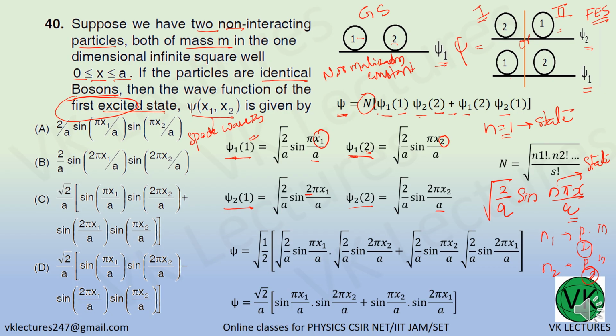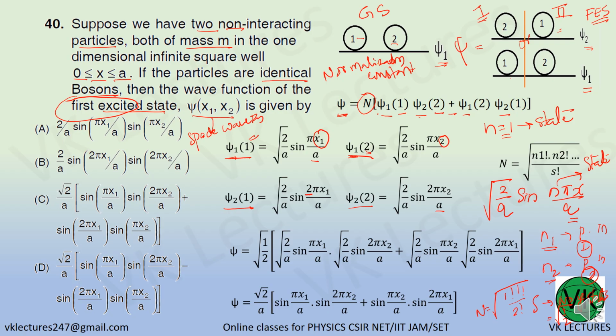And s is the number of states. Now here n1 is 1, there is only one particle in state 1. n2 is 1. So the value of N is under root 1 factorial into 1 factorial by 2 factorial, which is nothing but under root 1 by 2.